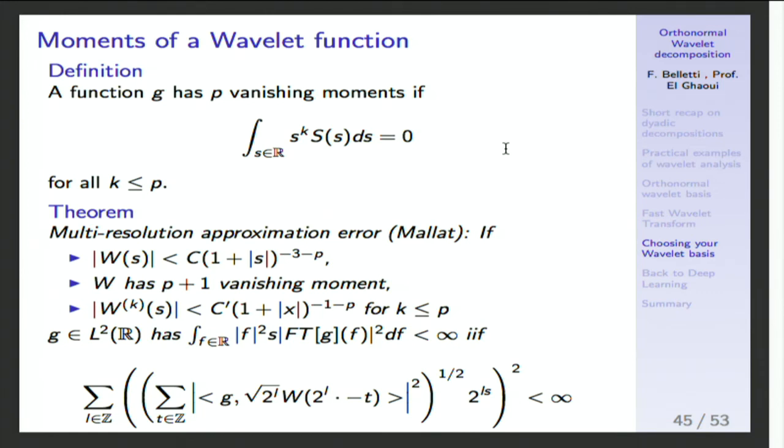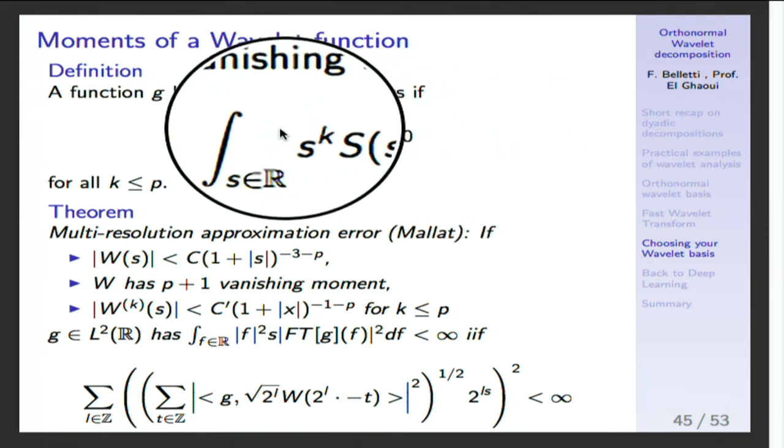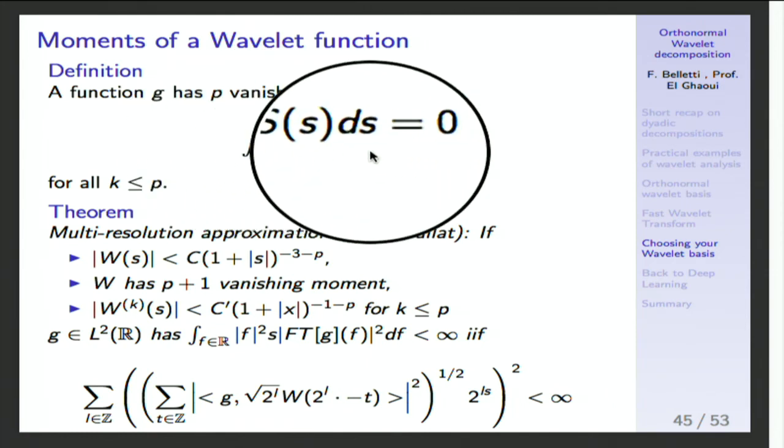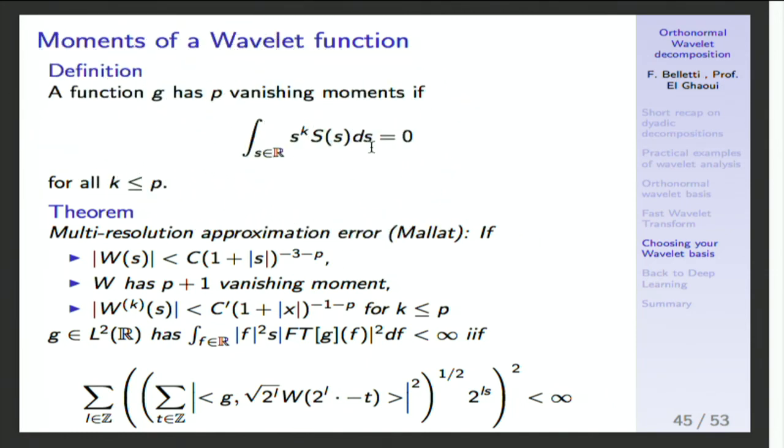One of the elements that will decide on the effectiveness of your approximation is the number of vanishing moments of the wavelet function or the scale function. You can compute this for any function g actually. So a vanishing moment, sorry, that should be g of s.